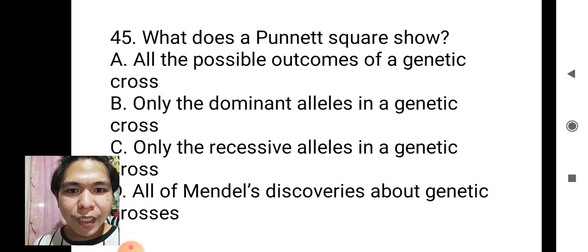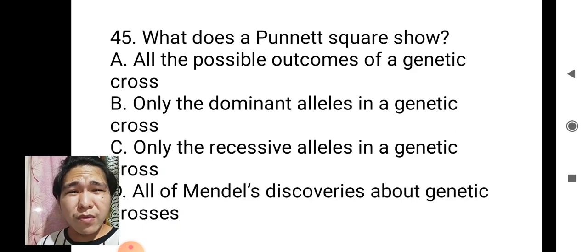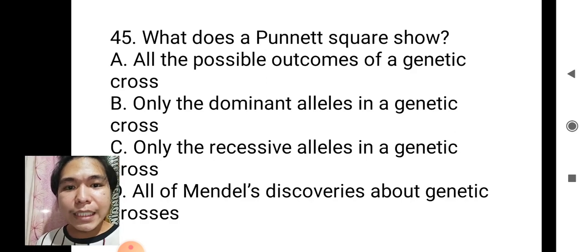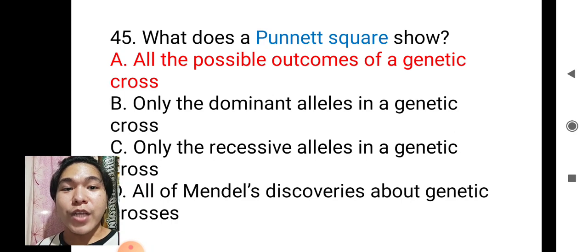So, go over to our material. Naka-Punnett square, naka-box-box ito. So, ano ba yung pinapakita niya? Only dominant alleles ba? Wrong. Only recessive alleles ba? Wrong. Is it A or D? The correct answer is letter A: all possible outcomes of a genetic cross.